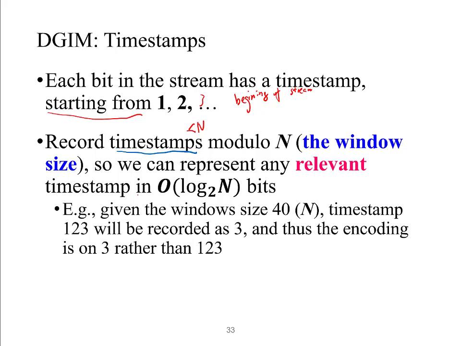All right. So for example, given the window size of 40, which is n, the time step 123 will be recorded as 3 because 123 mod 40 equals 3, and thus the encoding is 3 rather than 123.